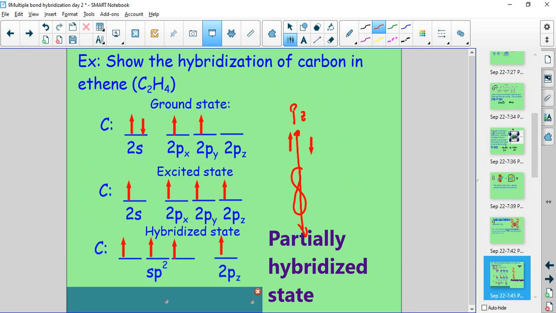So we get 2 unhybridized p orbitals in the same orientation, right? Both in the second energy level, so 2pz, 2pz, these then will overlap to create that double bond, or to help to create that double bond, while you have these 3 sigma bonds.